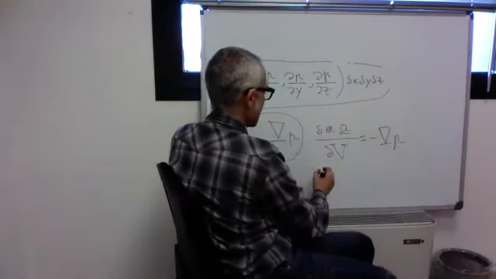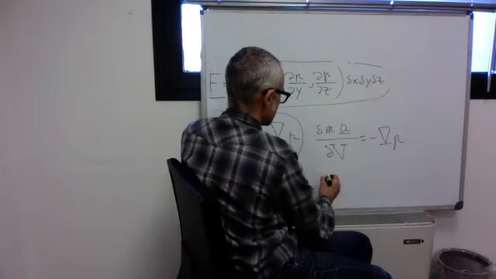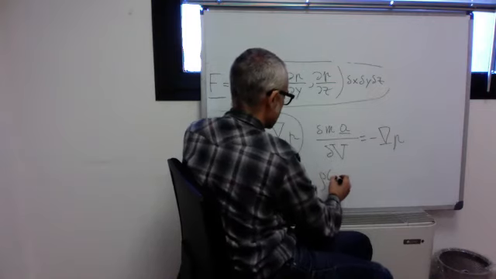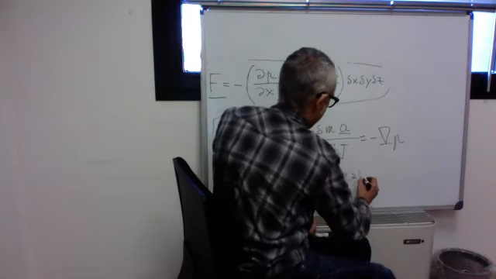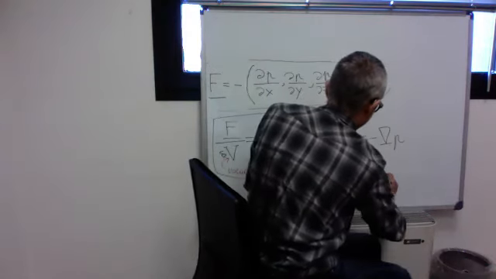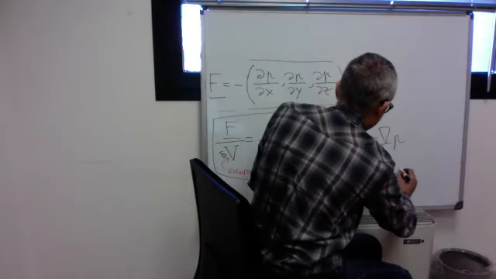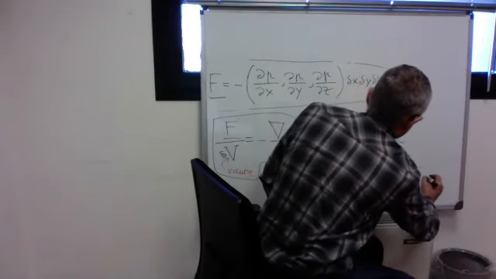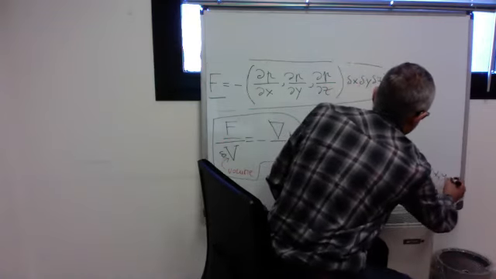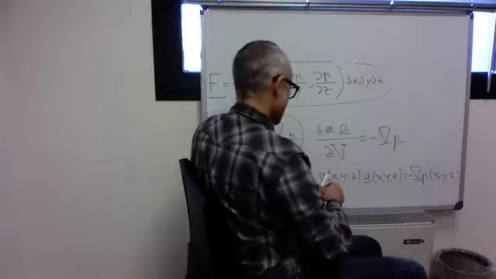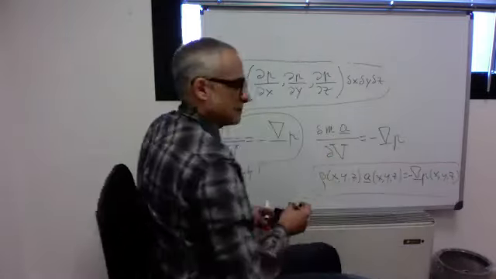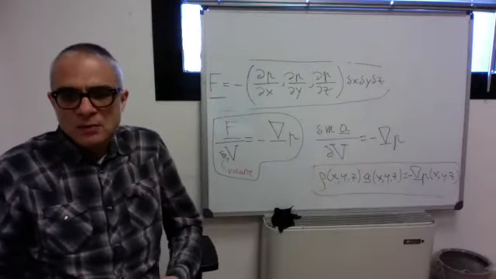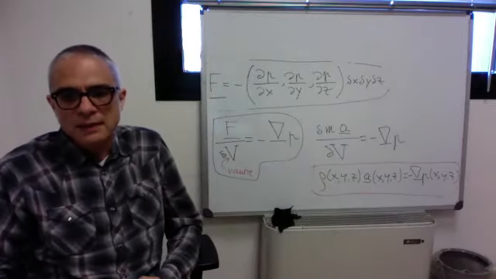Now, the mass divided by the volume is something called the density. And so I can write this in terms of density. And this is what I got.